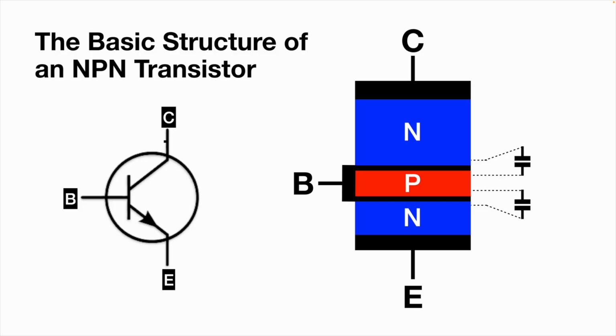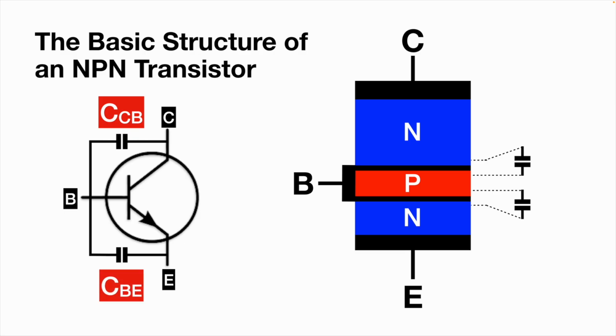Now, let's draw that in on our schematic. Obviously, this is not a real physical capacitor attached, but it's behaving as though it is. Well, okay, so we've got that capacitance there, and we call the capacitance between the collector and the base CCB, collector base capacitance, and the capacitance between the base and the emitter CBE.